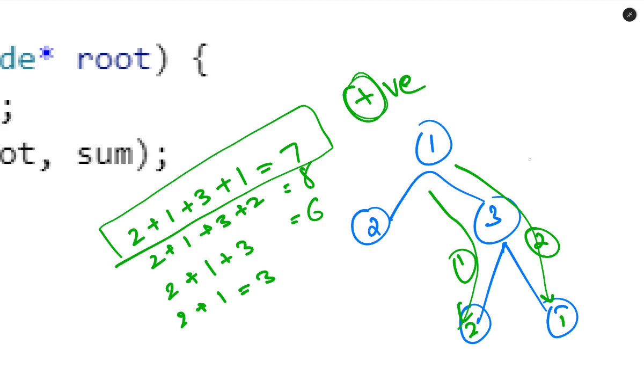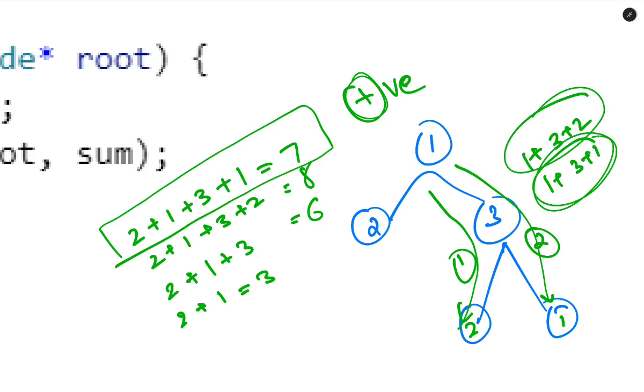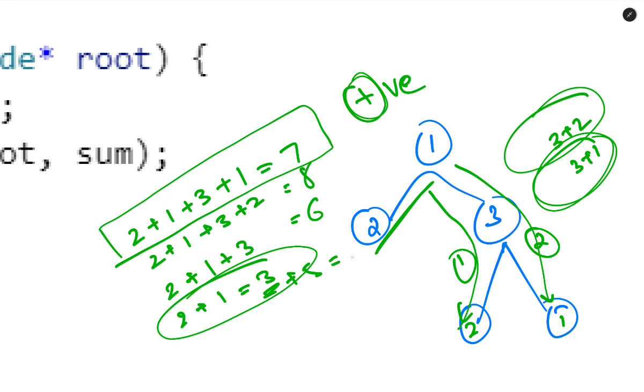This path sum was like 1 plus 3 plus 2 or 1 plus 3 plus 1. It was a positive number, so I wanted to include it. Here this is coming out to be 3, and if I included 3 plus 2, which is 5, I would get a better result. If I added 4 to it, I would get a bigger result. So can I say that if I have positive numbers, I will welcome them?